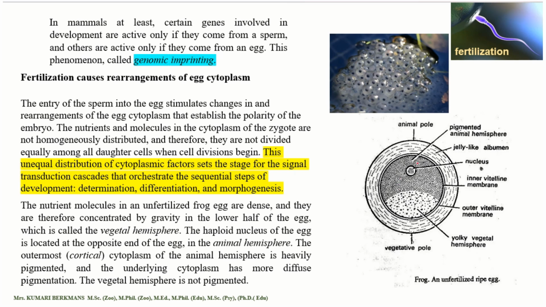So this is a single cell, but you can see many variations in the cytoplasm. These variations are responsible for determination, differentiation, and morphogenesis while developing into the embryo.